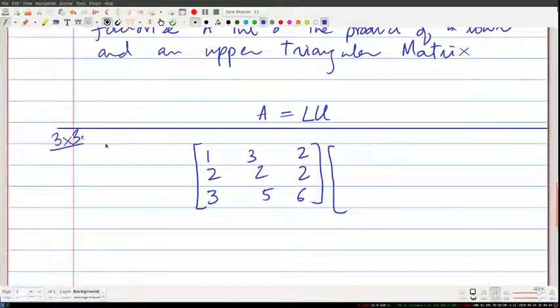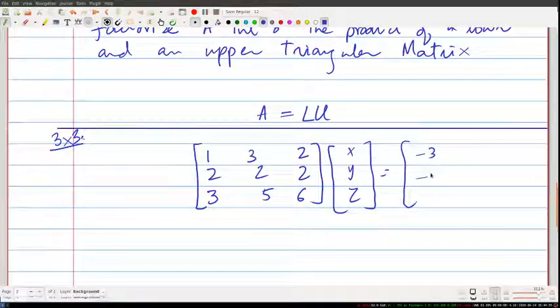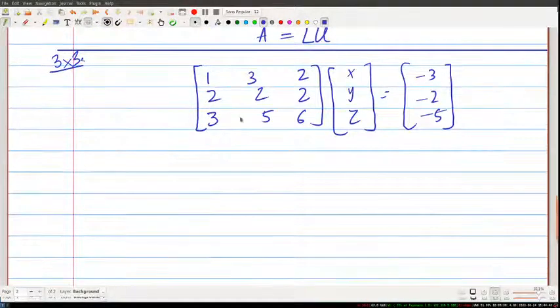Let's take this matrix and do the elementary row operations. I remember from the previous classes we did row 2 minus 2 times row 1, and we also did row 3 minus 3 times row 1.